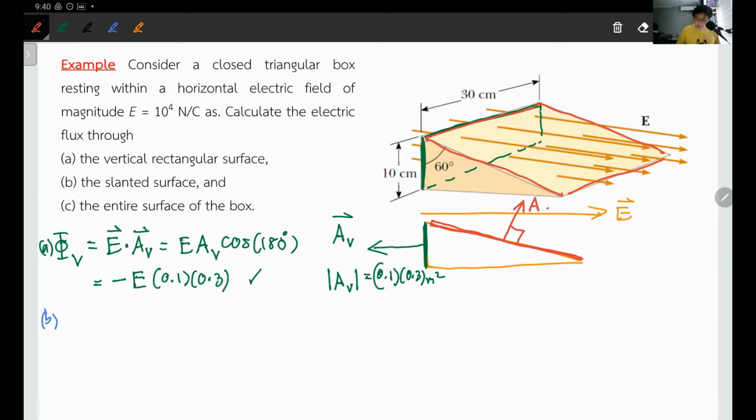Let me call this A sub S. Or if I want to overlay it on this, it's going to look something like that. A sub S. There you go. I think that's good enough. Okay, nice. Let me draw it nicely here. Here we go.